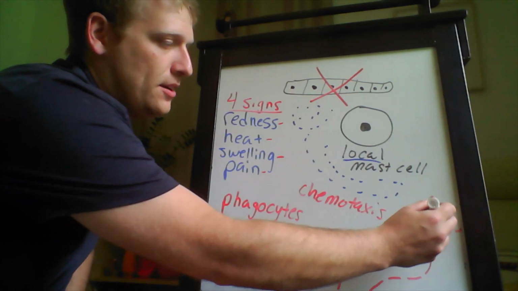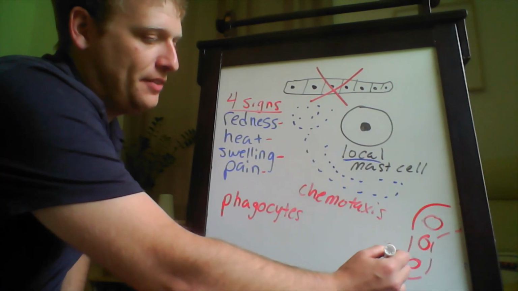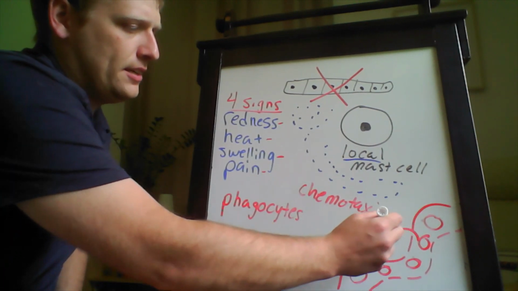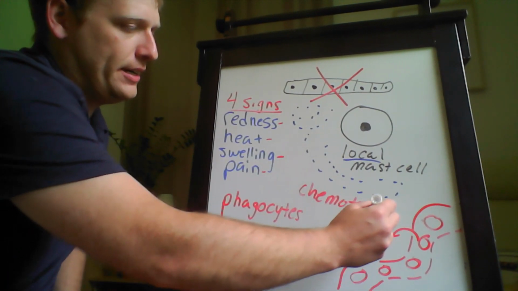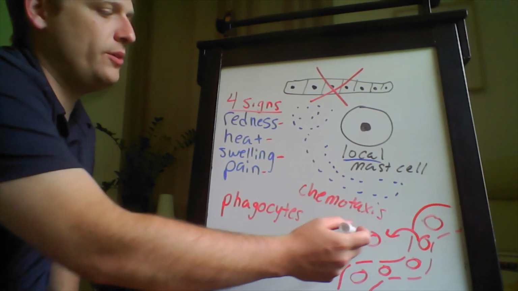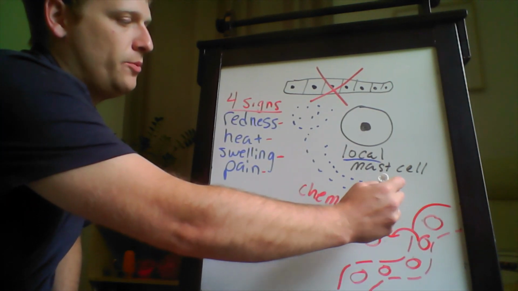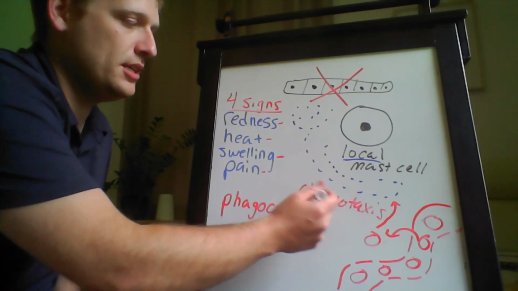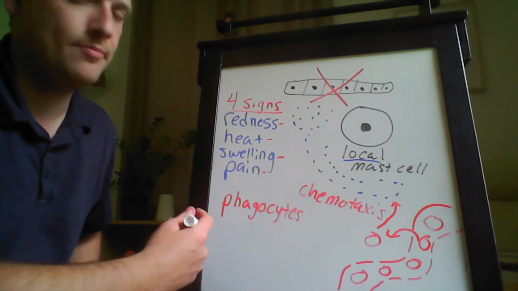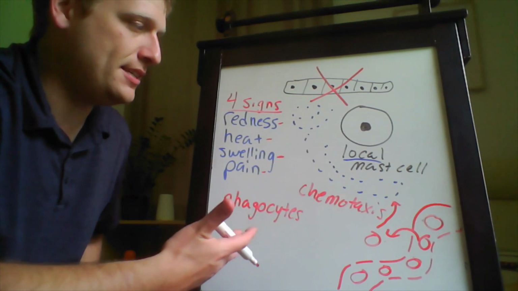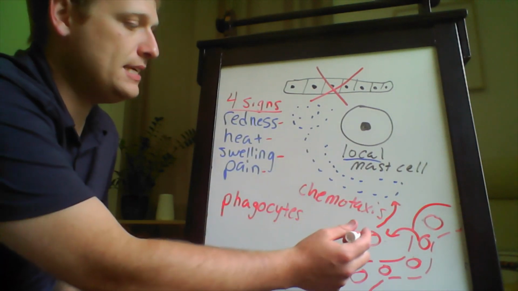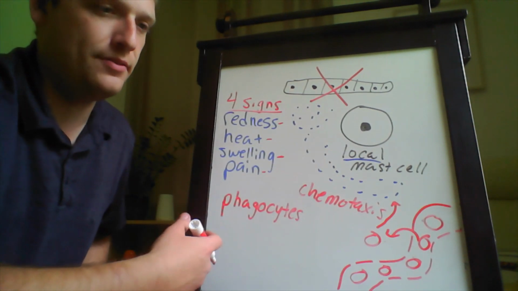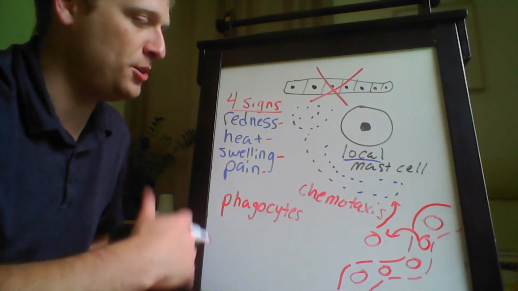So you have these cells floating through the blood, macrophages, neutrophils, etc. They can crawl out of the capillary and they're going to end up making their way toward these inflammatory mediators through this process of chemotaxis. So chemotaxis increases, and these cells are drawn specifically toward the presence of things like cytokines and these inflammatory mediators.